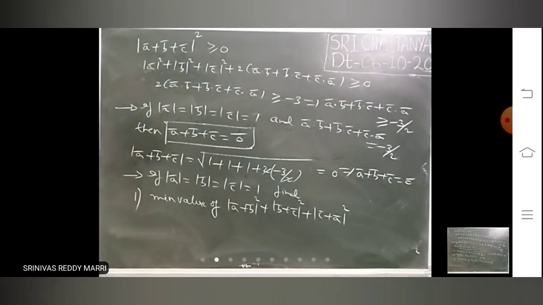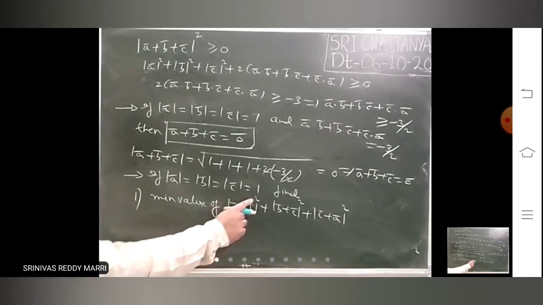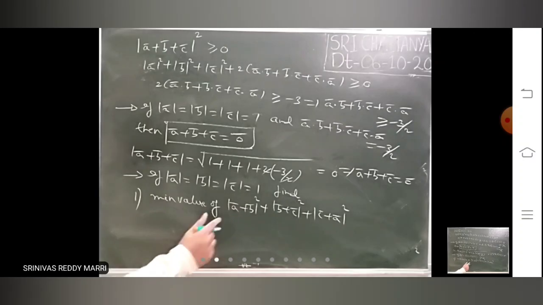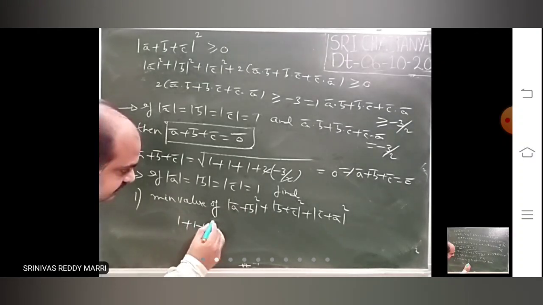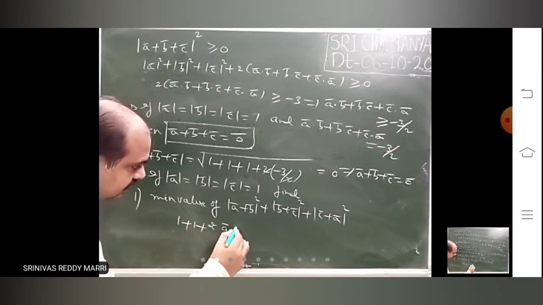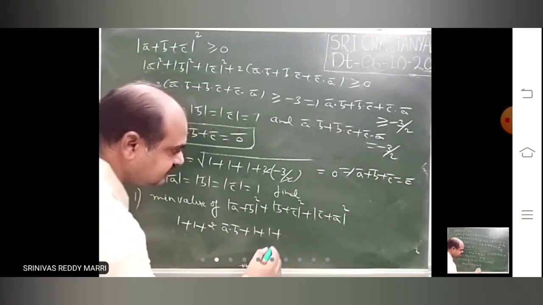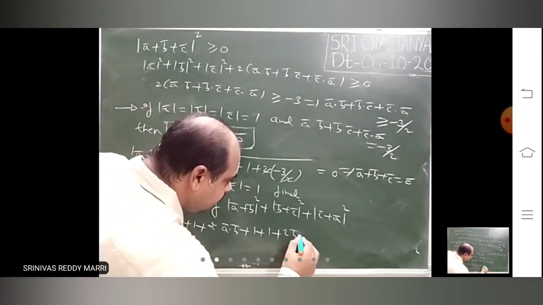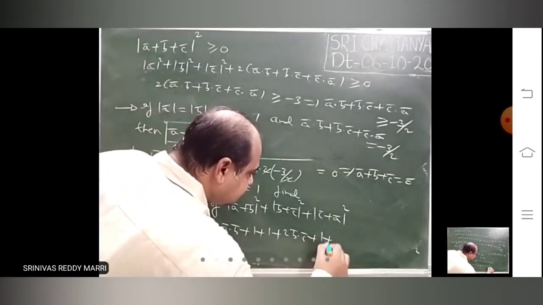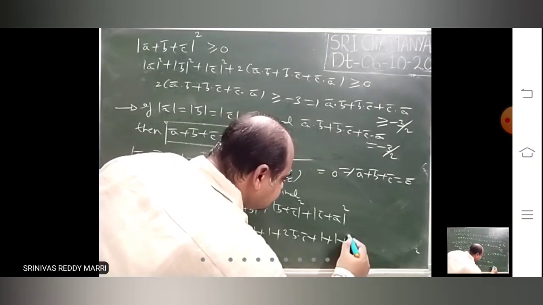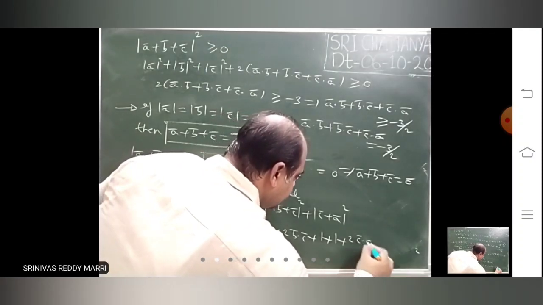Now the formula for modulus of a bar plus b bar plus c bar you know. Whole square means the root will not be there. Modulus a square 1, modulus b square 1, plus 2 into a dot b, modulus b square 1, modulus c square 1, 2 into b dot c, modulus c square 1, modulus a square 1.